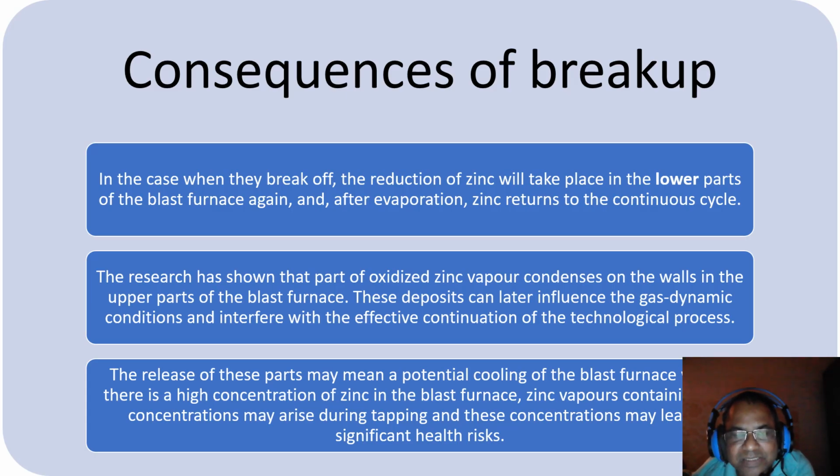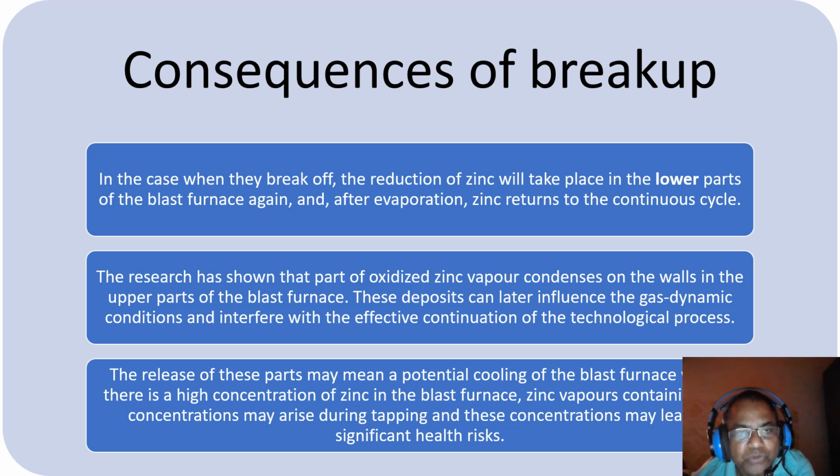Now the question arises, when the accretion falls, or when this accretion peels off from the stack region to inside the furnace in the downward direction, as the load is tremendous and this burden is bound to move downward.